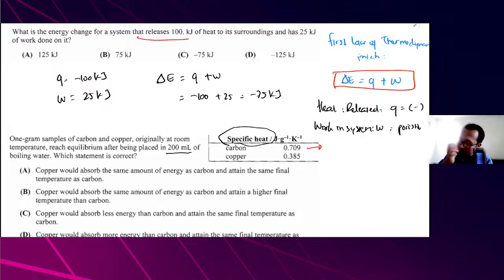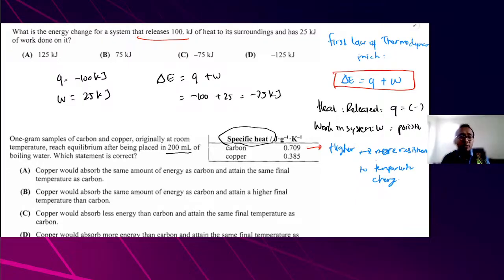Higher means more resistant to temperature change. It takes more energy to heat it up. Like I mentioned, because carbon's specific heat capacity is higher, it's more resistant to temperature change, and it takes more energy to heat it up.